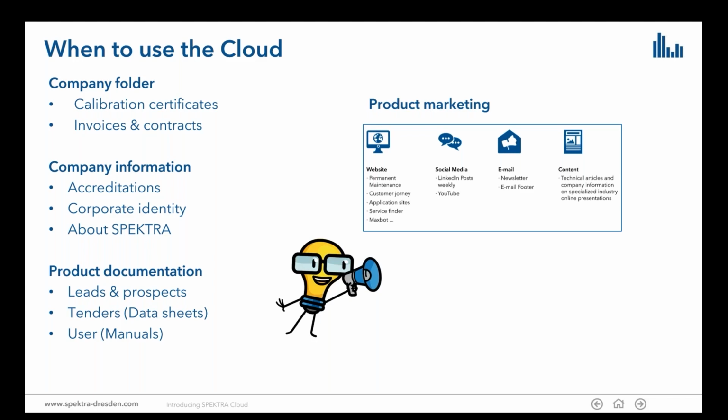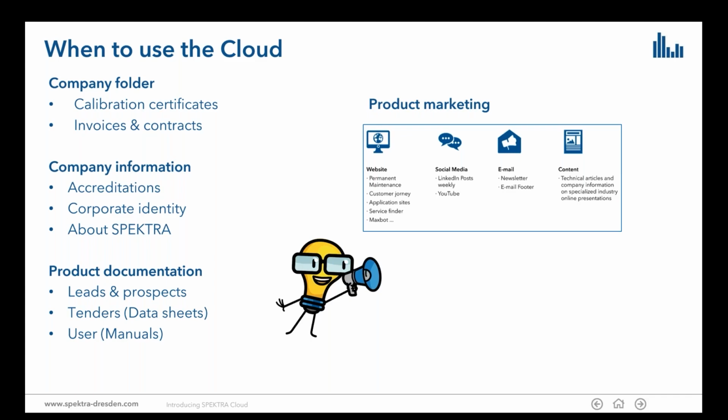You'll also find product documentation, for instance, for a lead and prospects. For your tenders, you'll find a lot of data sheets, and you'll find user manuals. For users, you'll find manuals, software, and release notes.